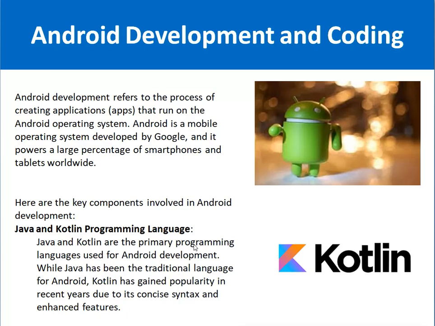Java is the traditional programming language used for Android development, and Kotlin has gained popularity in recent years due to its concise syntax and enhanced features. So if you want to start or initiate your career in Android software development, I would request you to first focus on Java and then Kotlin.